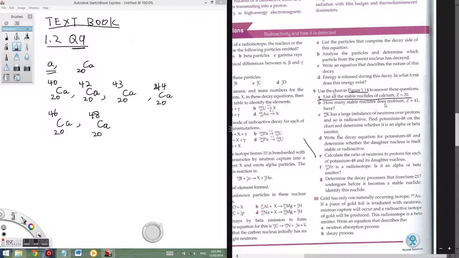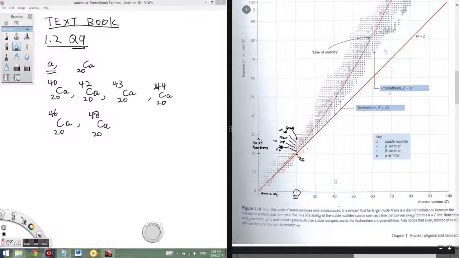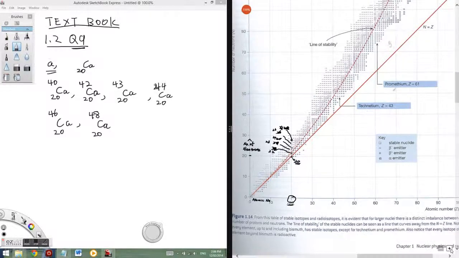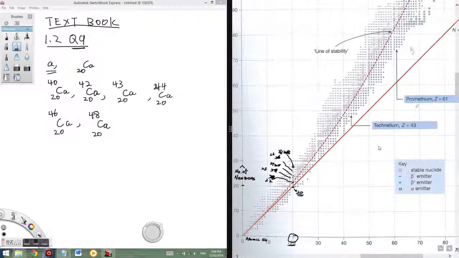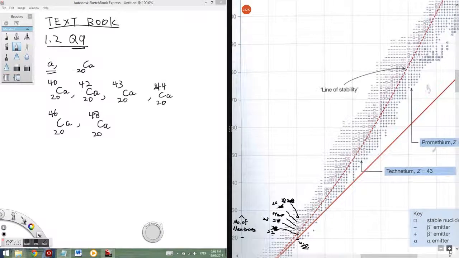Now, how many stable nuclei does niobium, atomic number 41, have? Then let's go back to our chart. Okay, 41. I need to enlarge it.